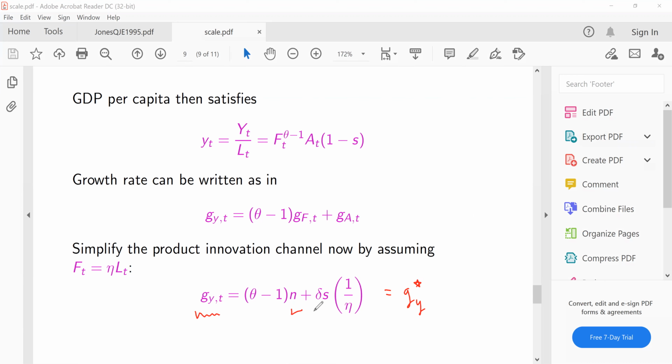That's okay, but it is also a function of S, okay? And remember what S is. S is the fraction of people employed in R&D, okay? So if you choose this endogenously, if that S is actually depending on certain fundamentals, then it can be, again, policy relevant.